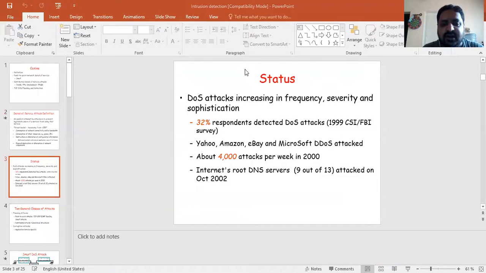There are different types of denial of service attacks, which are given here. Previously, attackers have tried to attack different web applications or websites, for example Yahoo, Amazon, eBay, Microsoft.